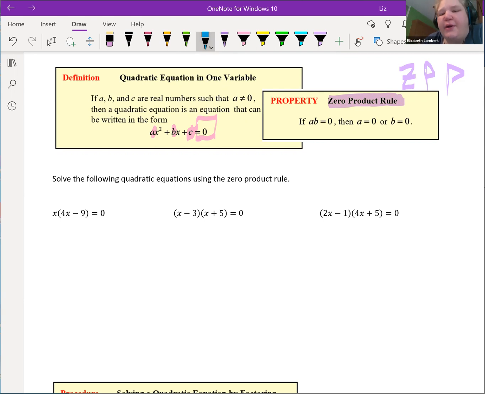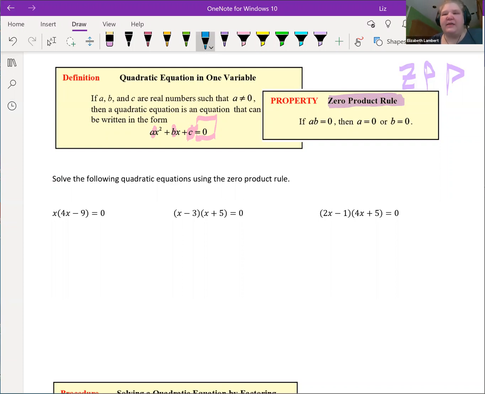So the zero product rule is if I have two or more things being multiplied and I know they equal 0, I've done some algebra magic, moved stuff around, so everything's on one side, and I've written it as a product, not a sum or difference, as a product that's equal to 0. The only way to get 0 from a product is if one or both of the terms is 0.